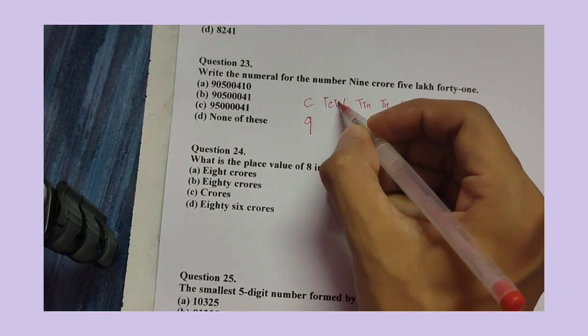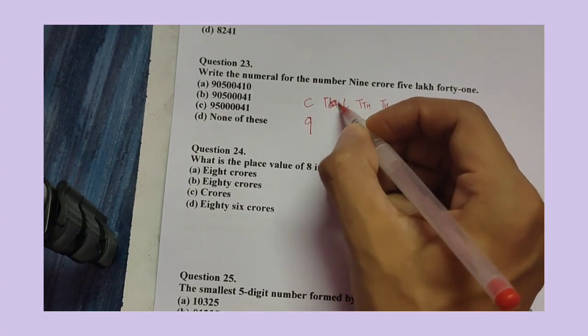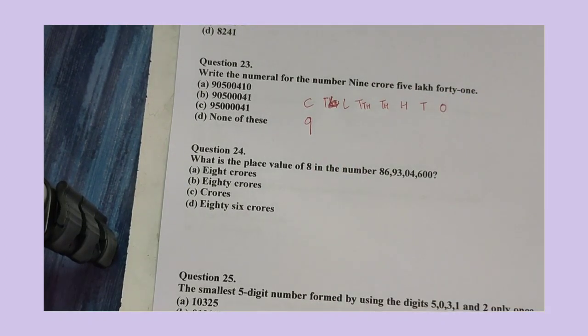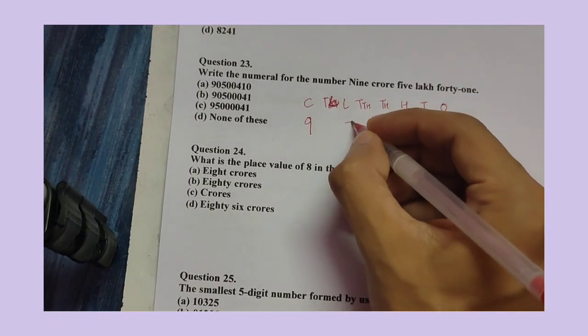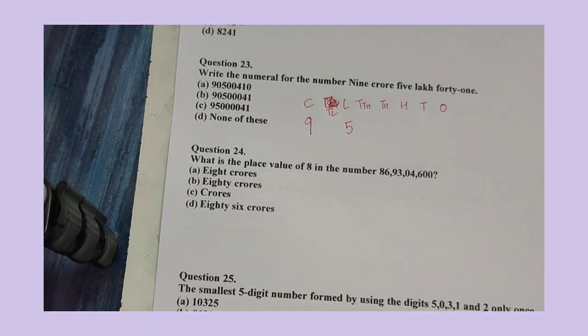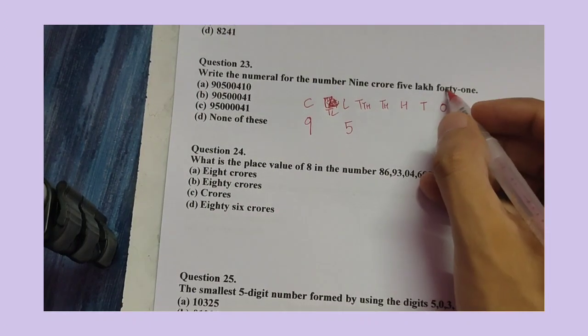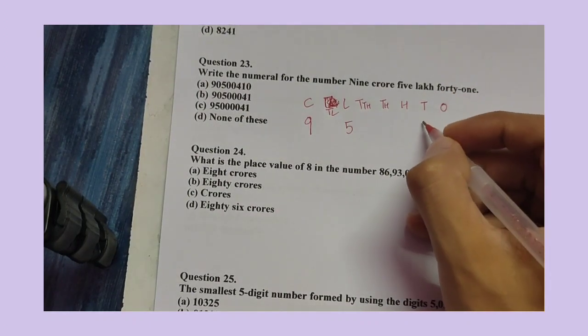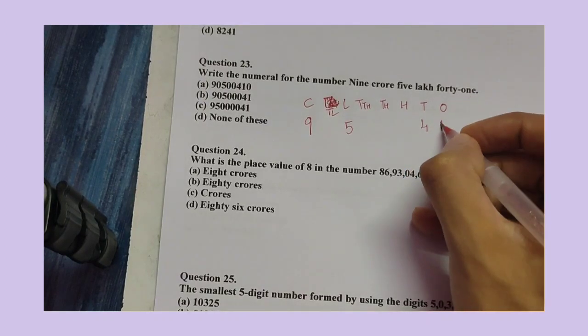This is L, this is 10 lakhs. Then at the lakhs place we have the 5. Then we have 41 directly. So 40 means it's the 10th place and 1 at the 1's place.